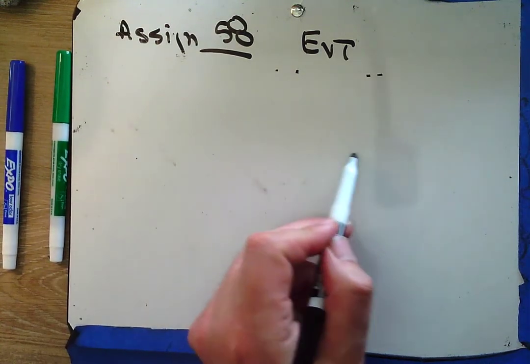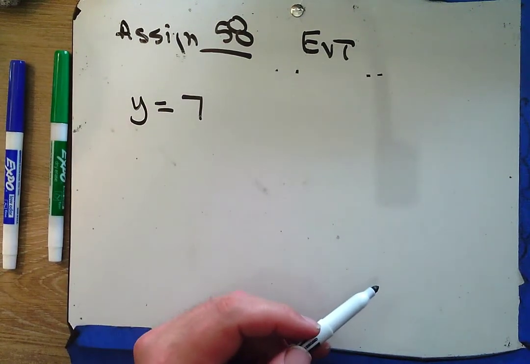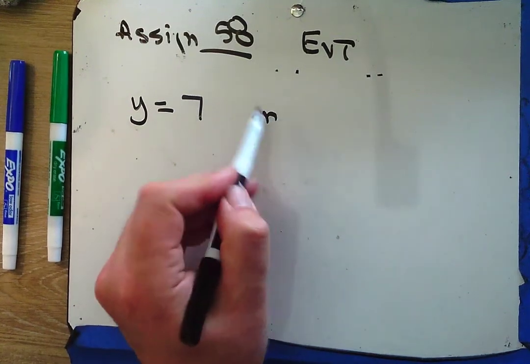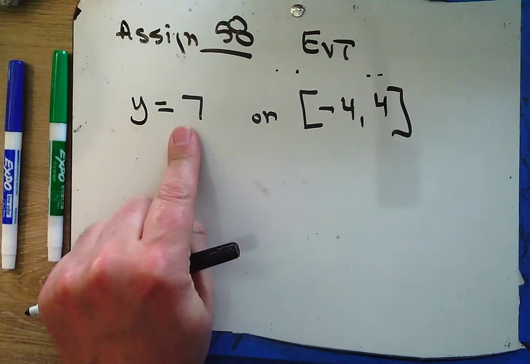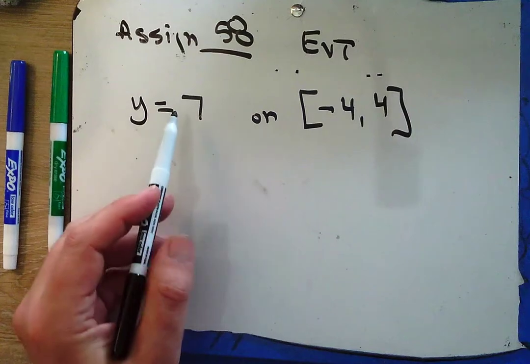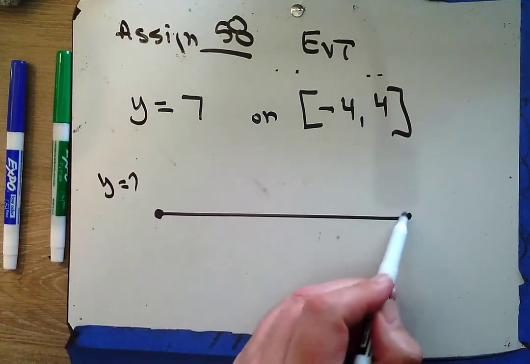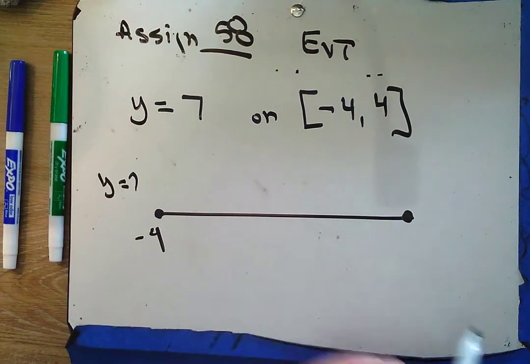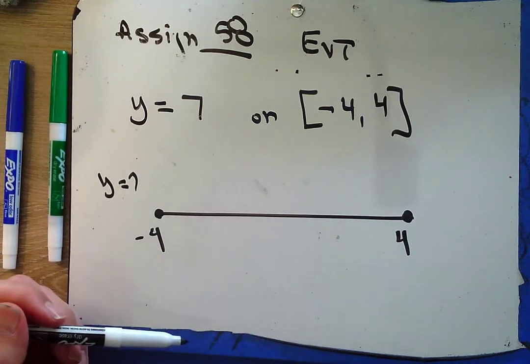Hey, speaking about minimums and maximums, is y equals 7 a function? Okay, let me give you a domain. Is y equals 7 a function on this interval? Well, not only is y equals 7 a function, but y equals 7 is continuous on that interval.